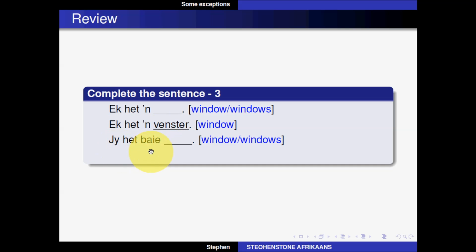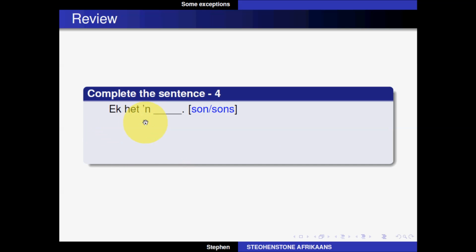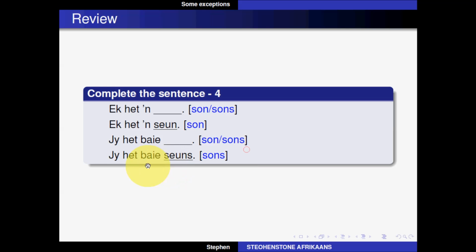Jy het baie vensters. Jy het baie vensters. Ek het 'n seun. Ek het 'n seun. Jy het baie seuns. Jy het baie seuns.